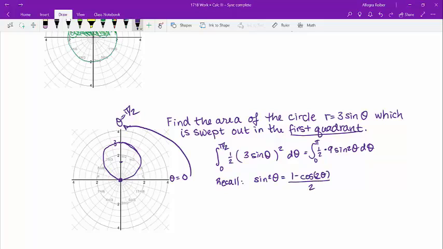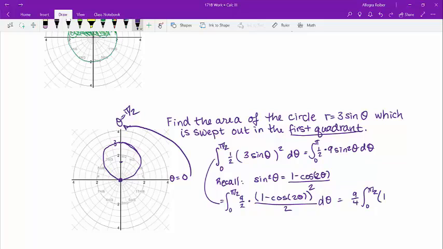For that reason, the integral that I want to compute is going to be rewritten as 0 to pi over 2, 9/2 times 1 minus cosine of 2 theta all over 2 d theta. I'm going to pull all my coefficients out front: 9/4 integral from 0 to pi over 2 of 1 minus cosine of 2 theta d theta.